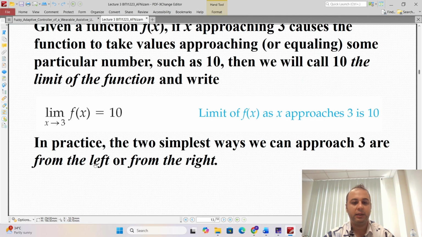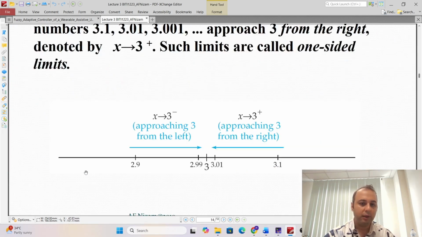In practice, the two simplest ways we can approach 3 are from the left or from the right. See this picture of the real line. The 3 is in the middle, and x approaches 3 from the left, which we write as 3 minus, or from the right, 3 plus.